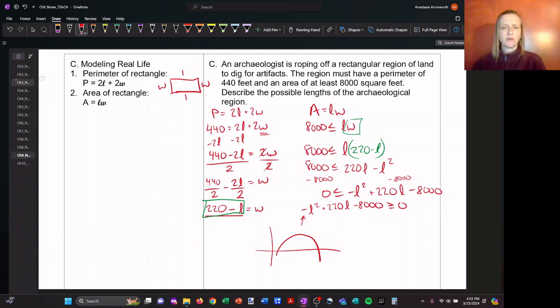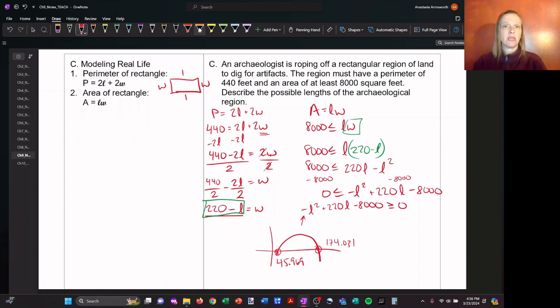And the x-intercepts that I get when I put that on my graphing calculator and use the trace function are x values of 45.969 and 174.031. So those are possible lengths for my archaeological region.